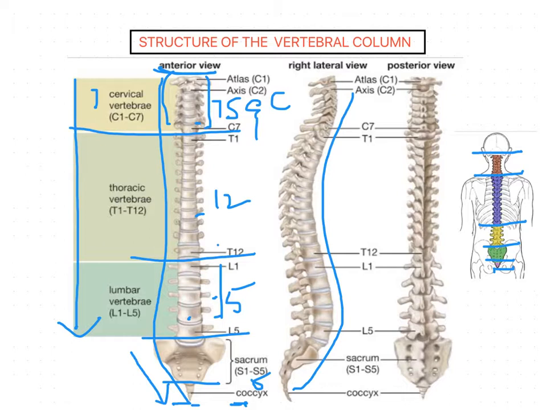Out of 33, 24 vertebrae are mobile, and they are free to move one over the other, whereas the remaining 9, that is in the sacrum and coccyx, the vertebrae are fused.